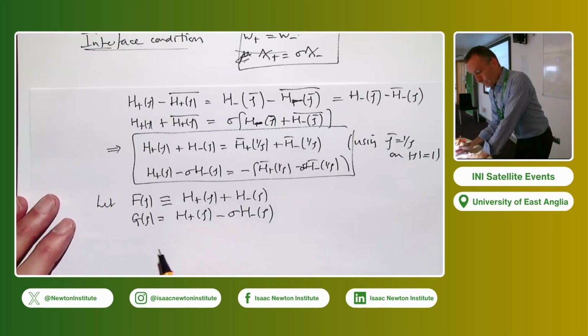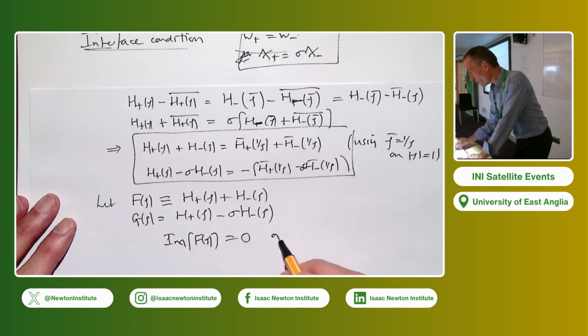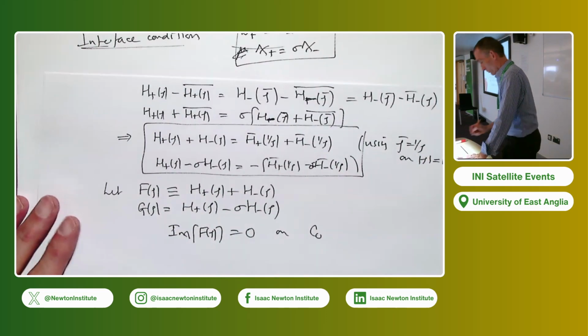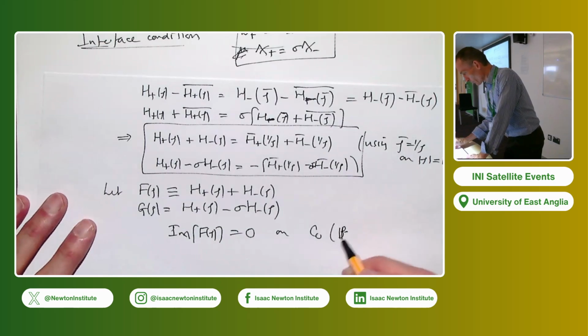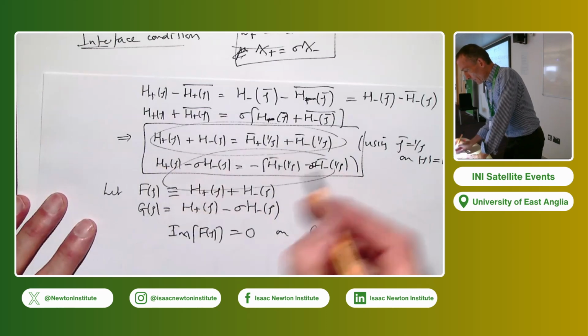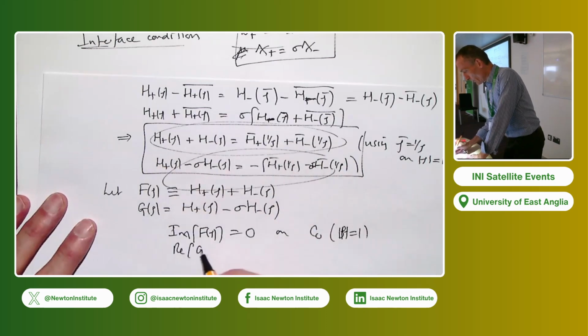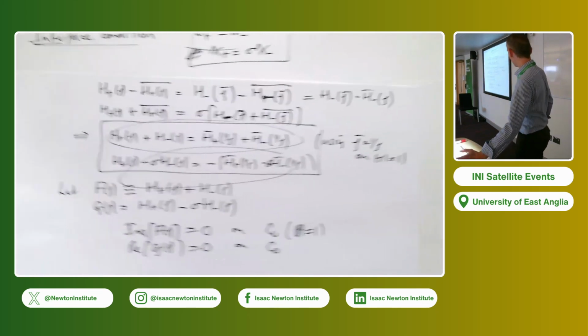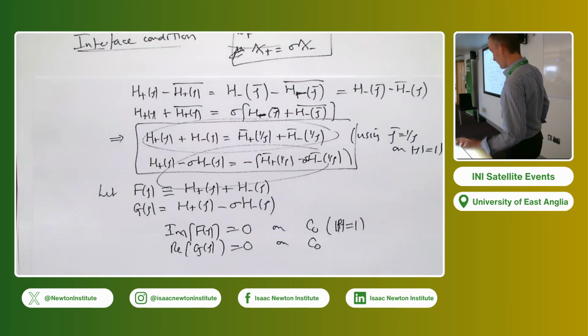Don't they tell me that the imaginary part of f is 0 on C naught, the unit circle? Okay, that one. And then this one tells me that the real part of g is 0 on C naught, on the unit circle. Right?